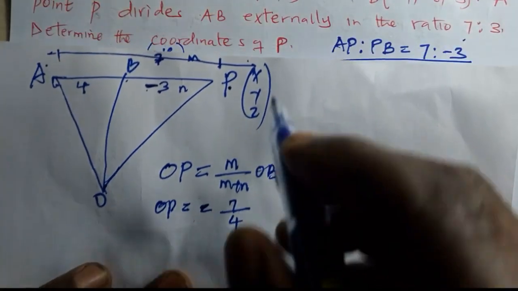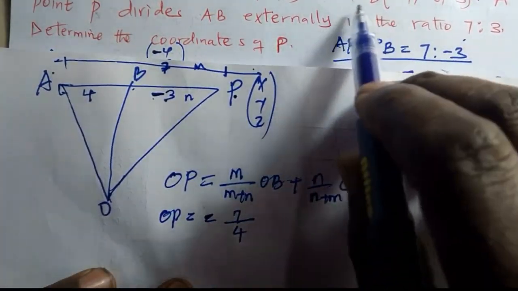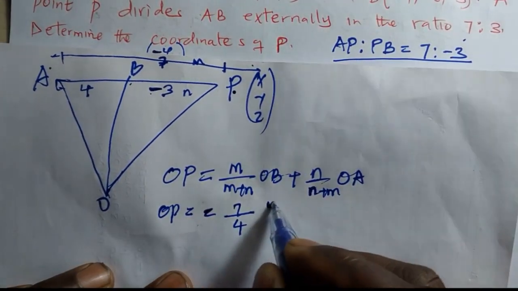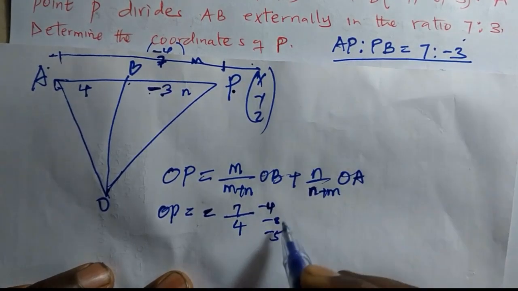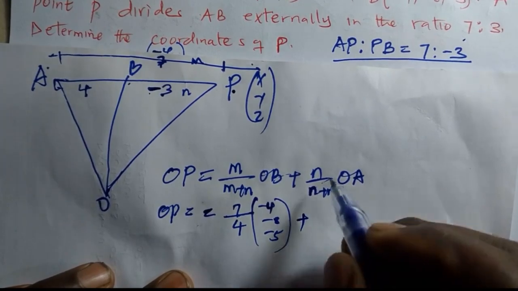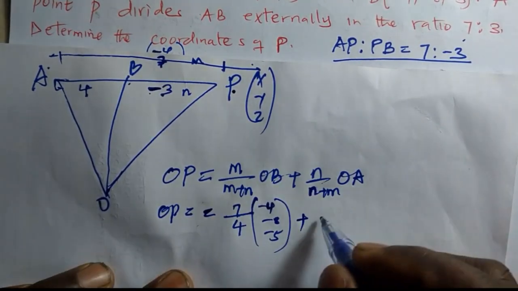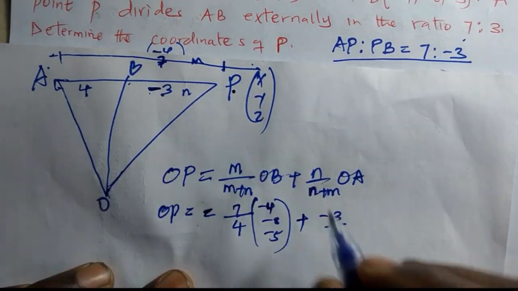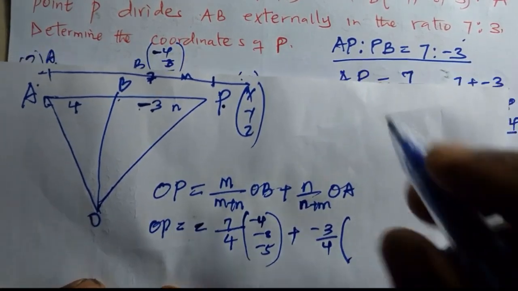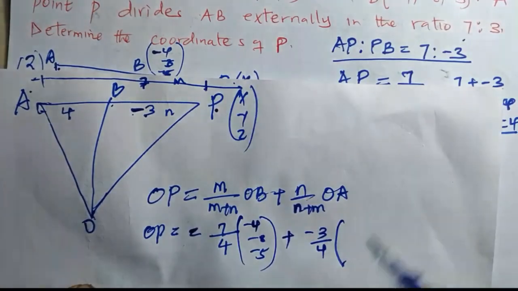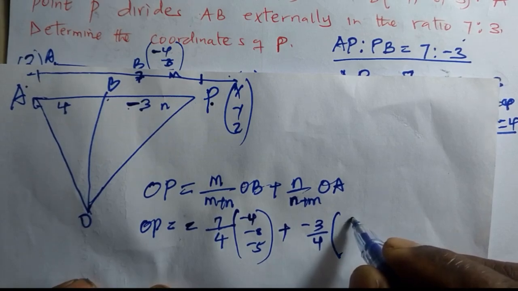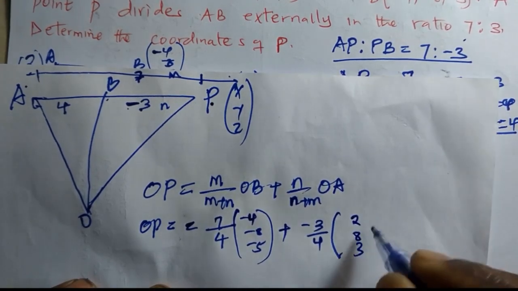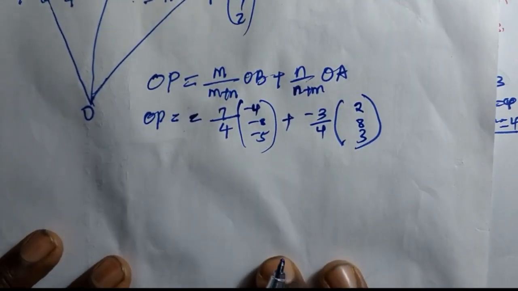OB tulikuwa tumepata ngapi? OB, that is B, that is 4, minus 8, minus 5, plus n, which is minus 3 over the total 4 into A, which is 2, 8, 3. So this one will give us OP directly.